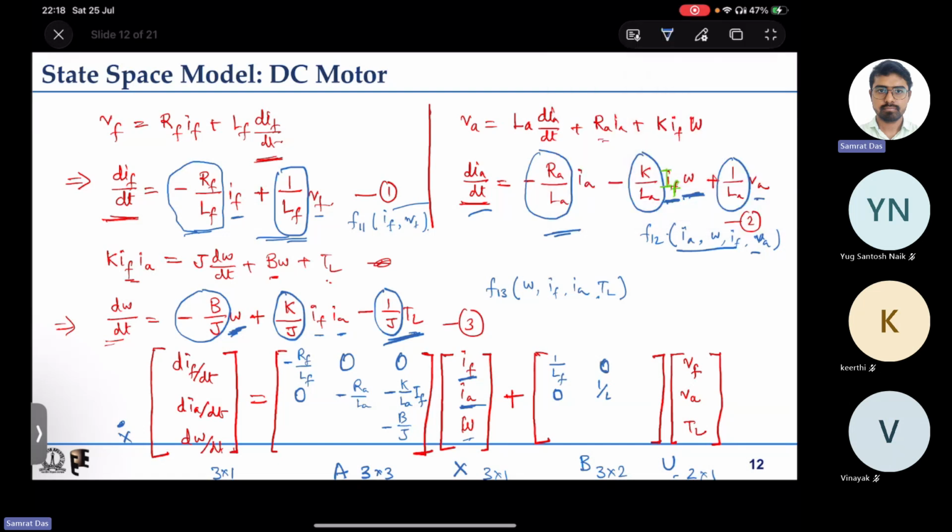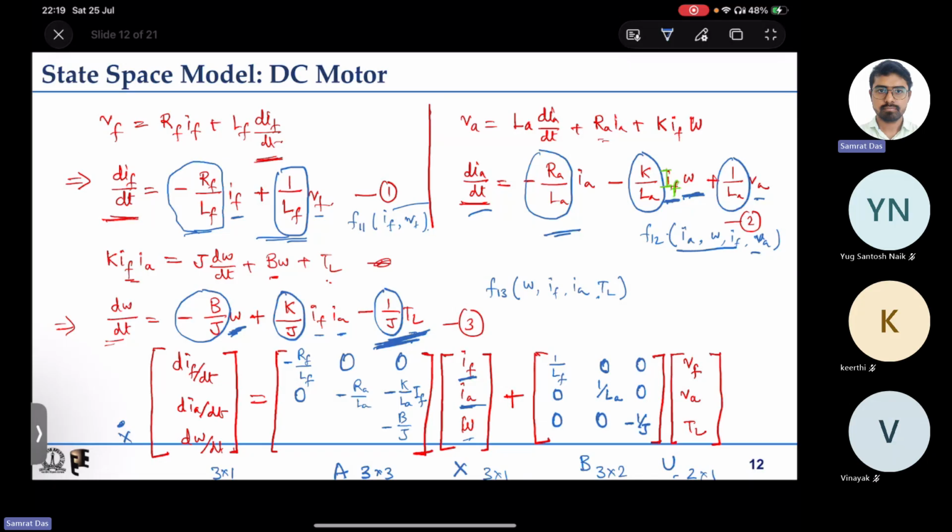So for the first equation, there will be a third zero term. This one is 1 by La, and there is no dependency on TL, so it will also become 0. For the third equation there is no dependence on VF, there is no dependence on VA, but there is this 1 by J term appearing as coefficient of TL, so this will come here.